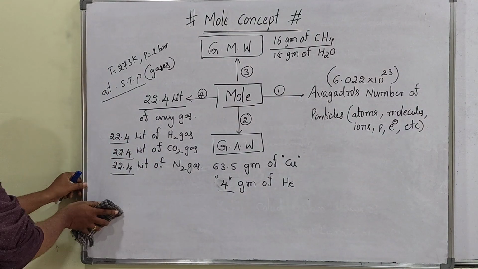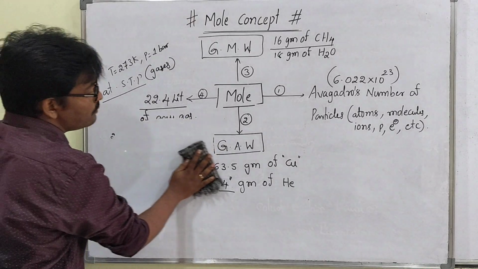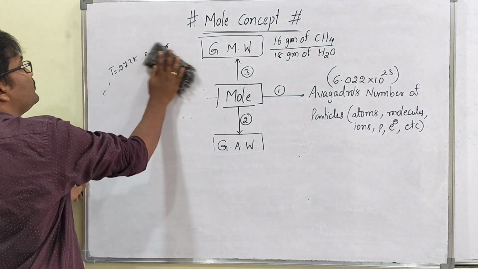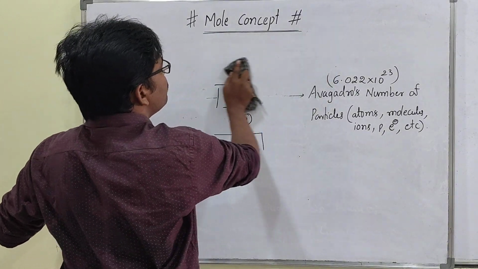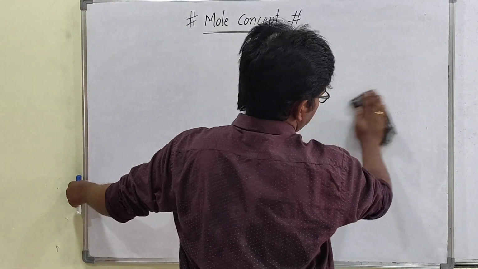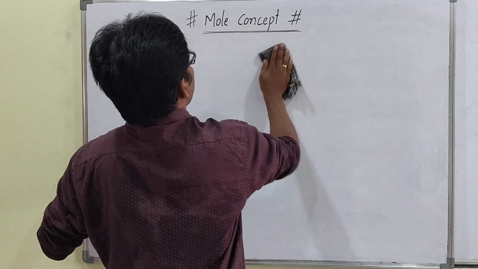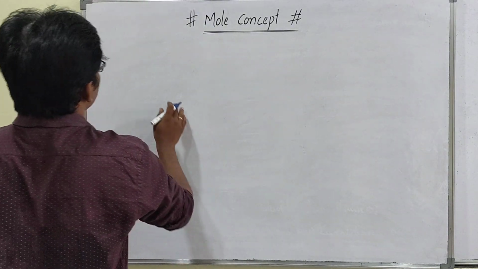Now, how to find the number of moles? When a question is given, how do we find out the number of moles? Let us see the formulas to calculate the number of moles.